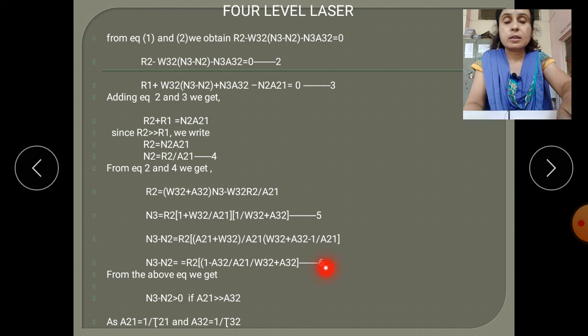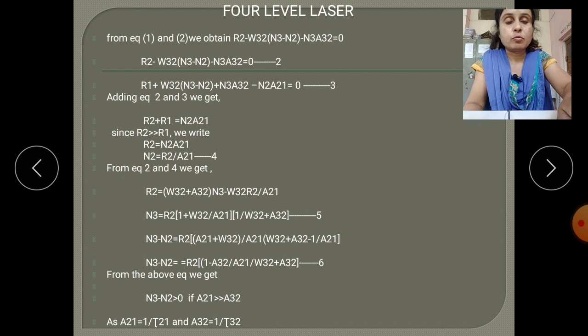That is the expression derived from equation sixth. In this equation we take A21 common.